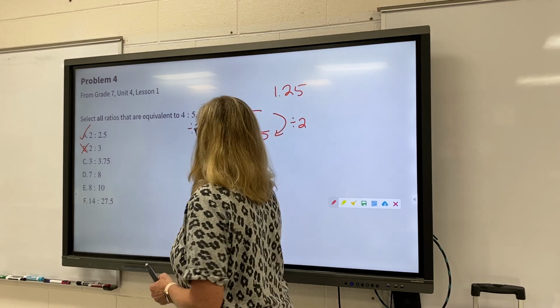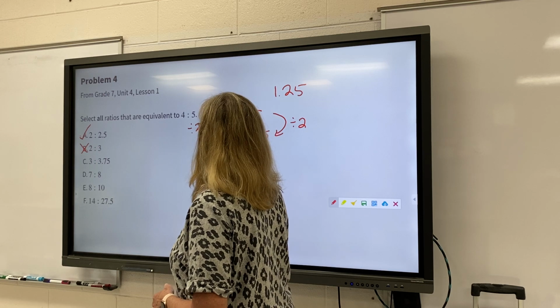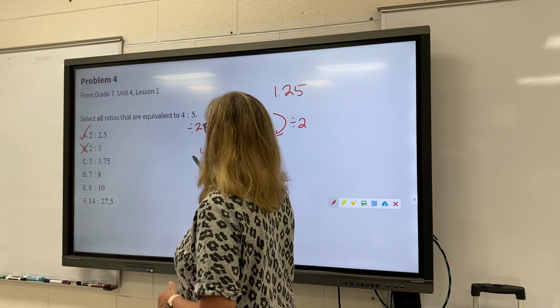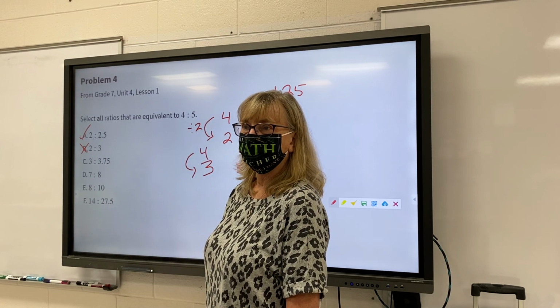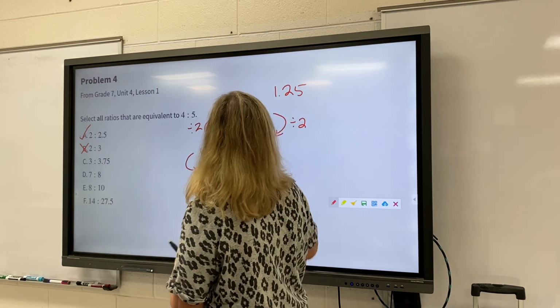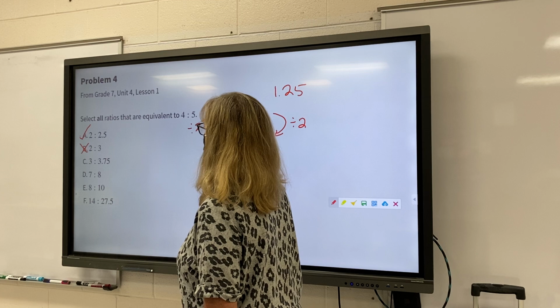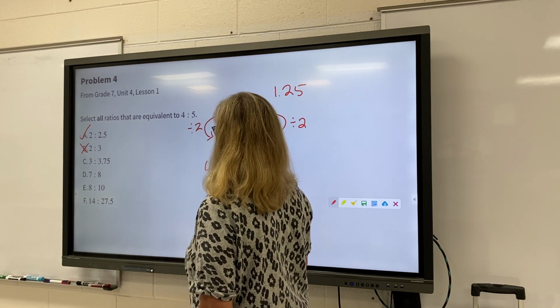Because I don't like figuring this out to do at scale. Four times what is 3? That's not easy, is it? But if I do COP with this one, I would get 5/4 here.